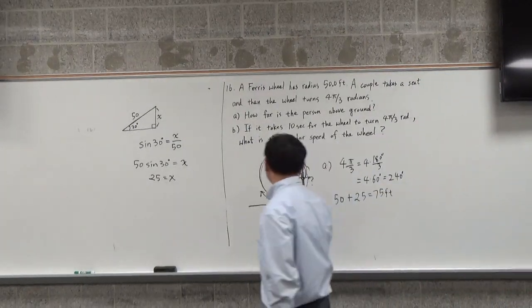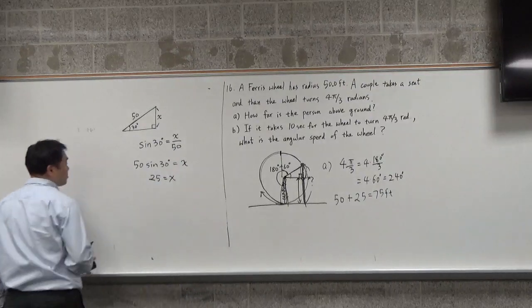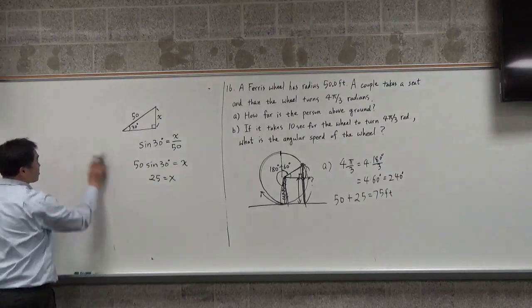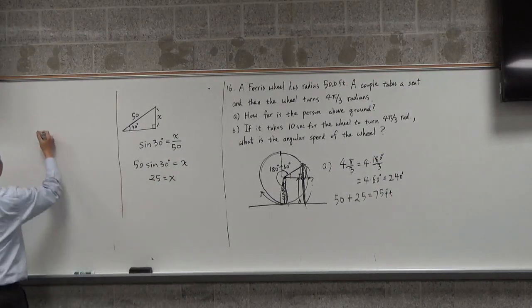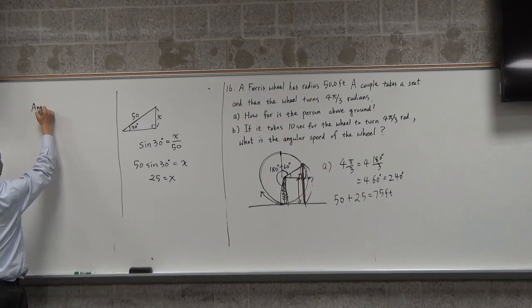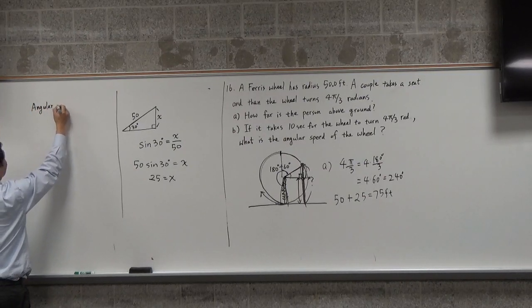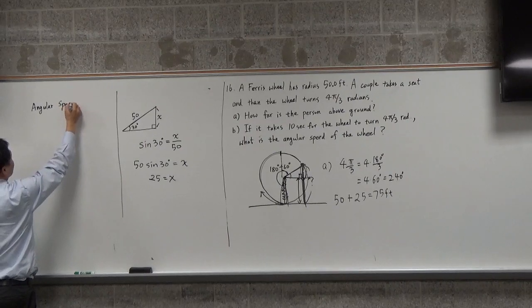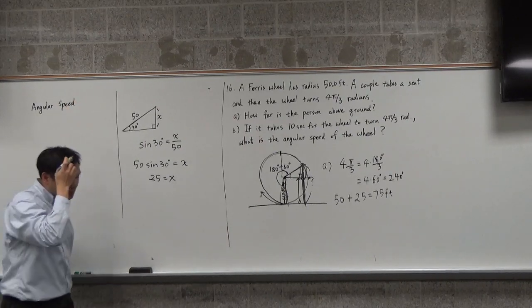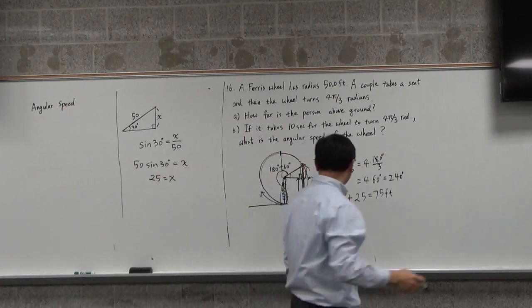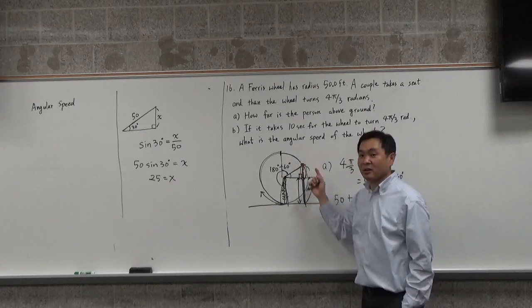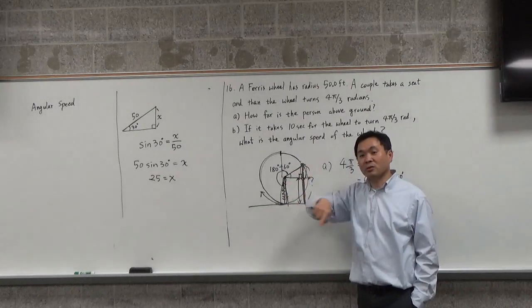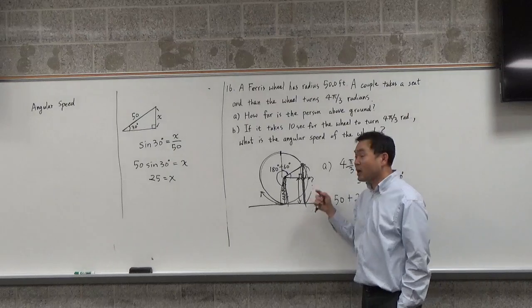Now for part B, we have to think about angular speed. How is angular speed measured? That's when we have the actual linear speed, but we don't have the linear speed.